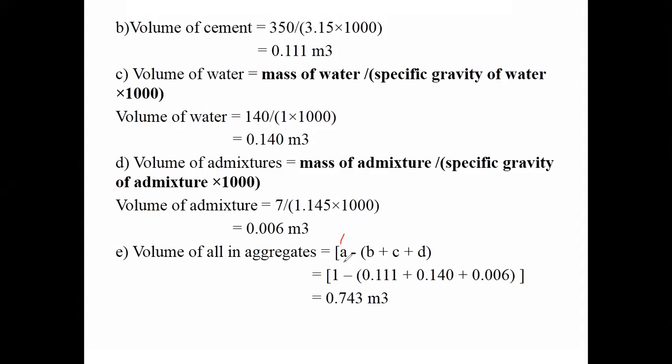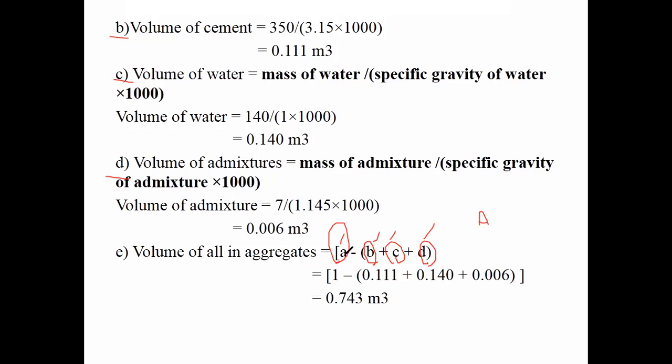From the total concrete, you are going to subtract the cement, water, and admixture. What remains is the aggregate. It may be coarse aggregate, it may be fine aggregate. In the total quantity of concrete, you deduct the cement, water, and then admixtures. That is why you see the naming here. It is written as A minus B plus C plus D.